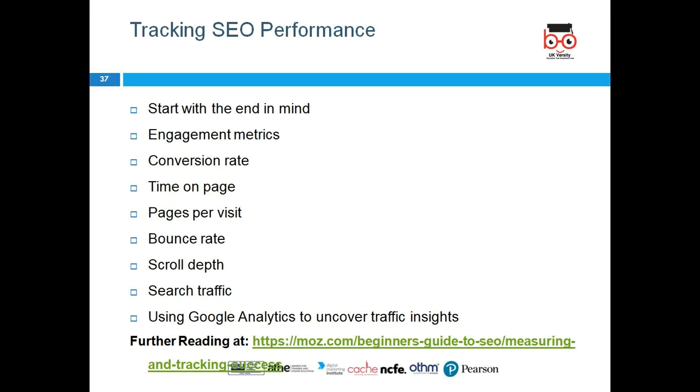So the conversion rate is how many clients you are making from the users, the viewers of your website. Then the time on the page. The more time users spend on your page or website, the more it gives you an idea, because we are talking about engagement metrics, isn't it?